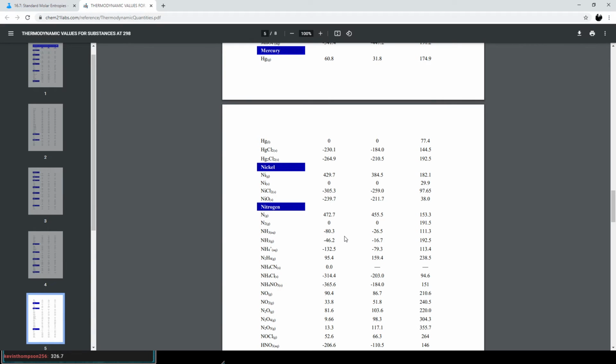So the delta H for that is going to be 2 times ammonia's, which is negative 80.3, minus ammonia and hydrogen, right, which, hopefully we remember for ammonia and hydrogen, they should be 0 because those are the standard states, right?